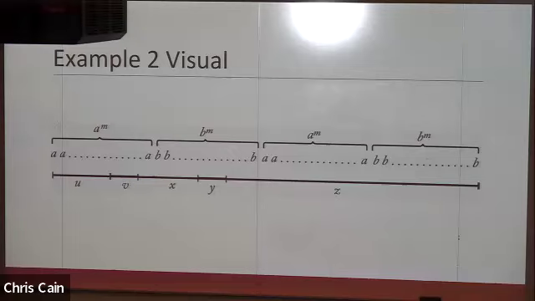So we have our a^m b^m a^m b^m. Player one is breaking this down into u, v, x, y, z in some capacity. We just have to be able to prove that for any potential breakdown of where v, x, y is in the string, we can pump it some number of times to get a string that is not in the associated language WW.